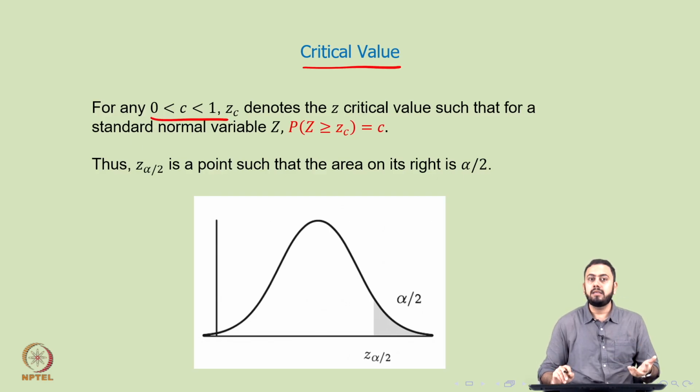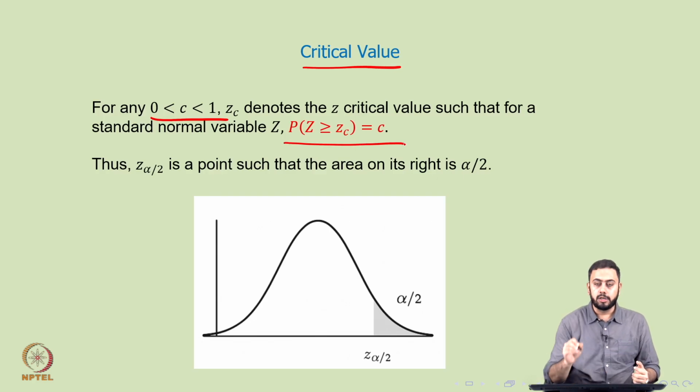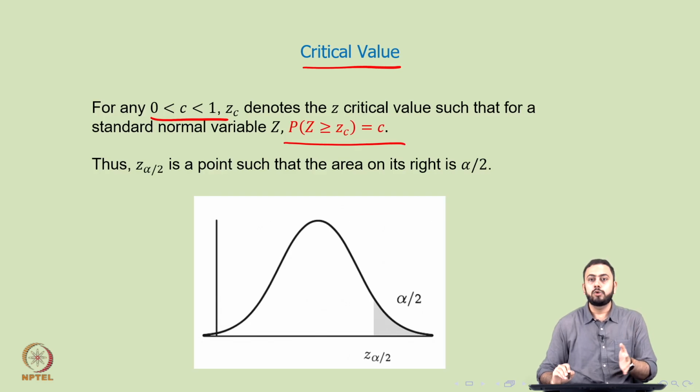For any C between 0 and 1, Z subscript C denotes the Z critical value such that for any standard normal variable Z, this equation should hold true: the probability of that standard normal variable exceeding the critical value Z_C happens to be C.